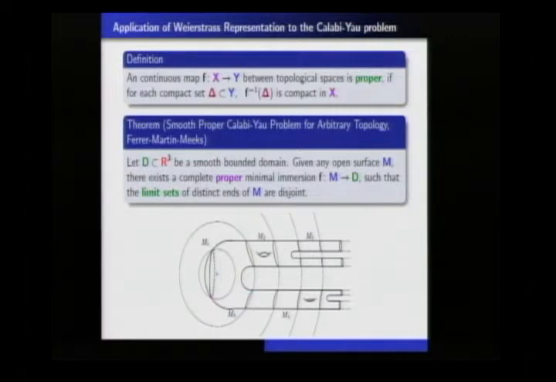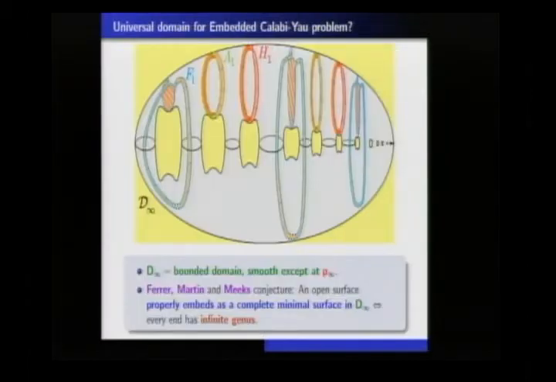I want those to be disjoint compact sets in the boundary of the smooth domain in space. So you have to do a lot of control. You have to be careful when you produce your mappings that somehow make something complete. Like, where do they go? That's a little tricky. Okay, but anyway, that's basically the idea.